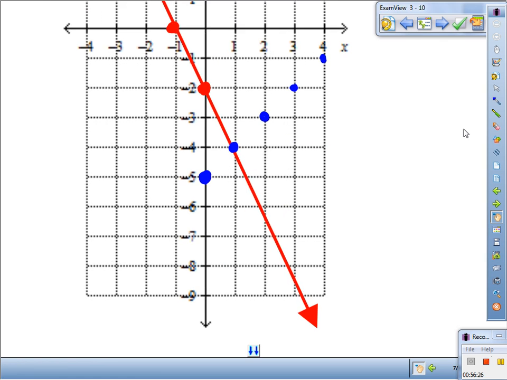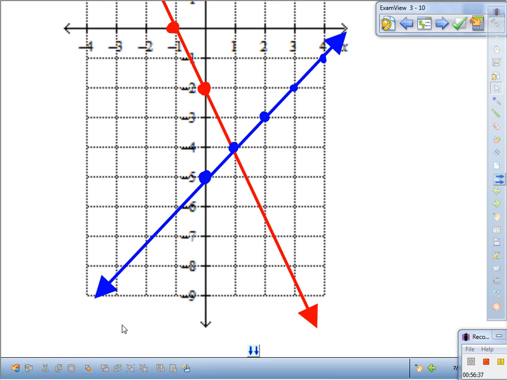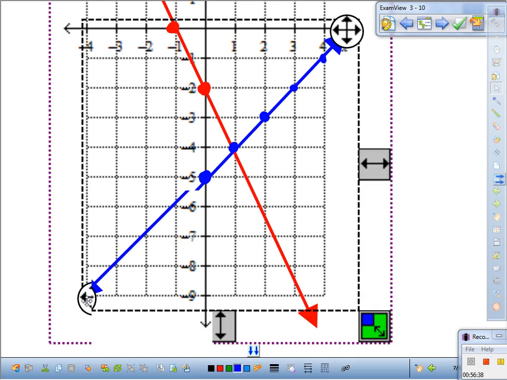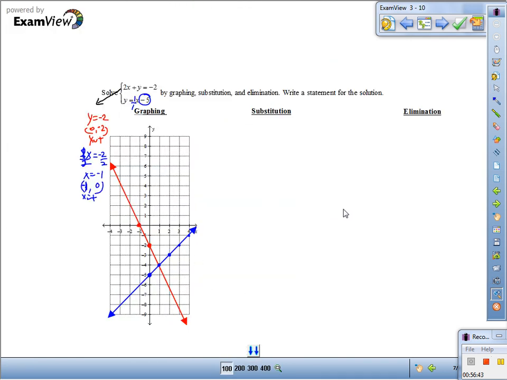Now that I have those points, let's graph our line. Nice and straight like mine. Okay, let me zoom out. Should look something like this.